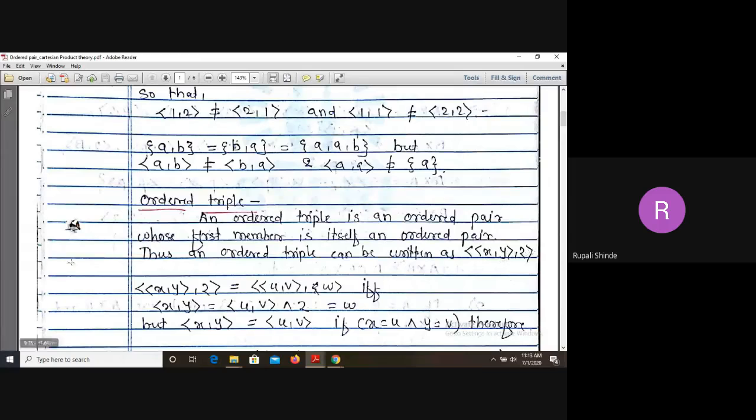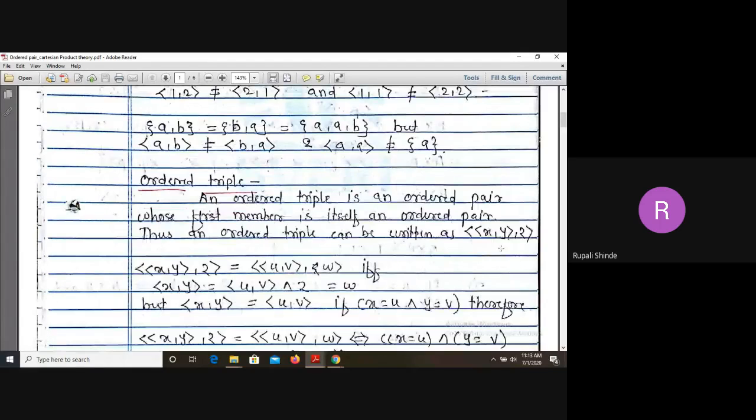We have to see why this is called an ordered triple, because here the first element is itself an ordered pair <x, y>. This is one ordered pair, and with z this is another ordered pair. So this consists of three elements. That's why this is called a triple.